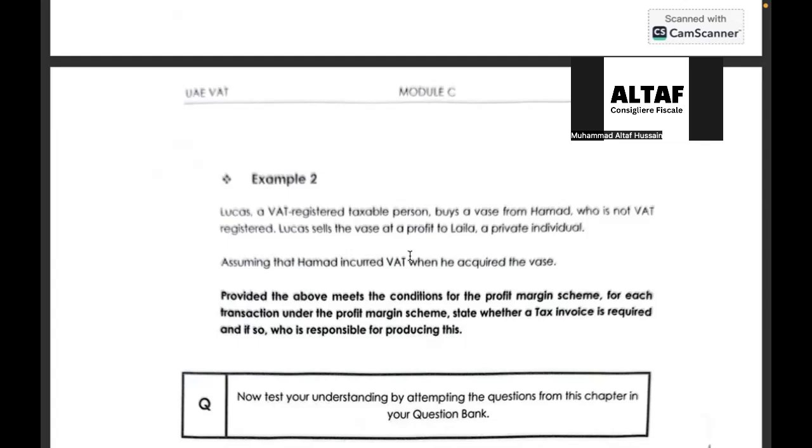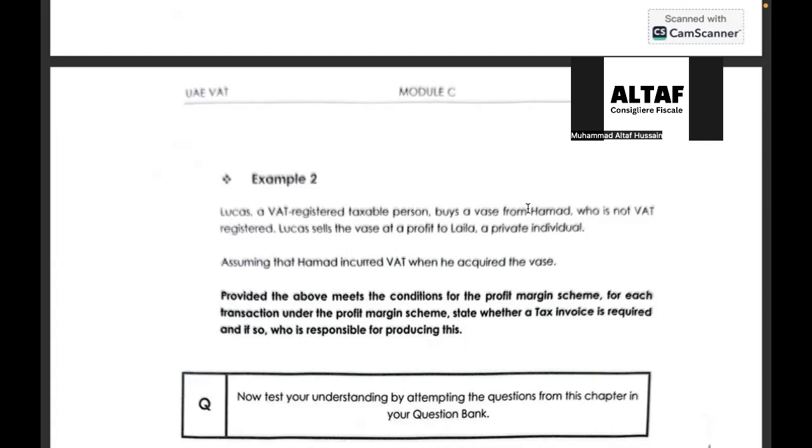First of all, there's a purchase transaction. Lucas purchased it from a non-registered supplier, and a non-registered supplier cannot raise a tax invoice. It will be a simple commercial invoice, if at all.